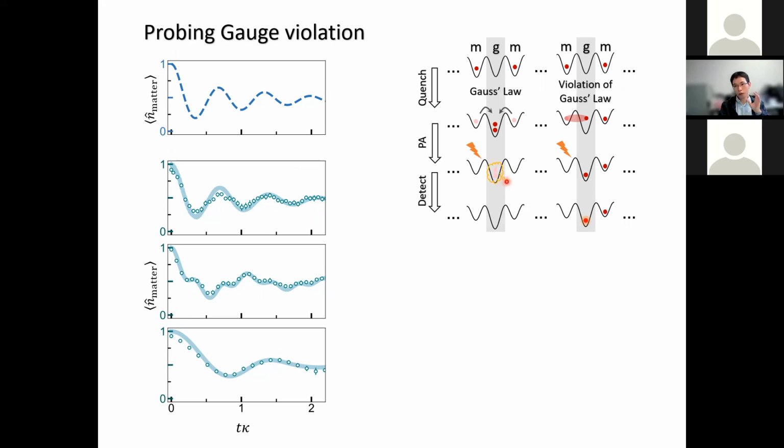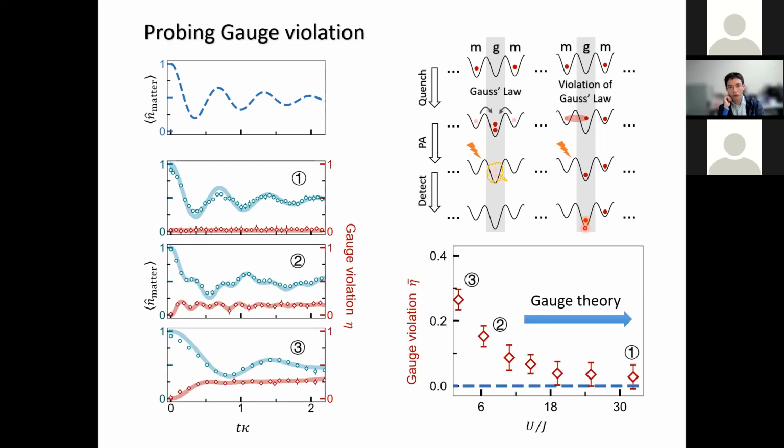So if you have two particles created on the gauge sites, then they will be taken out by this photoassociation laser. However, if you have a gauge violation process, which is a single atom tunneling to the gauge site, then this atom will remain there, because it doesn't respond to this laser. This way we can count how many atoms are there on the gauge sites.